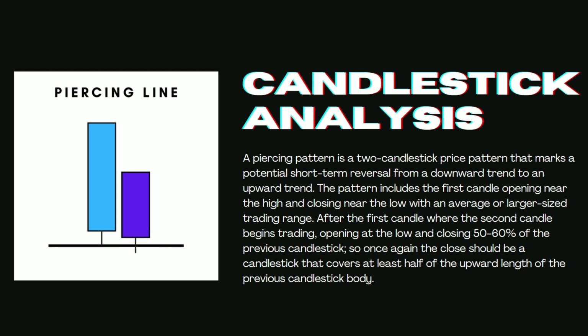After the first candle, the second candle begins trading, opens at the low and closes 50 to 60% of the previous candle. So once again, the close should be a candle that covers at least half of the upward length of the previous candlestick body, as you see here in this diagram to the left.